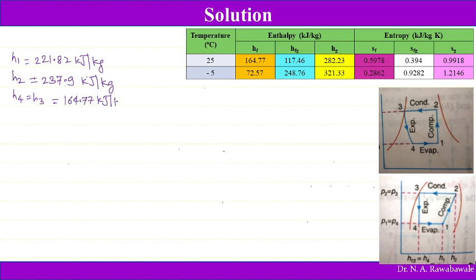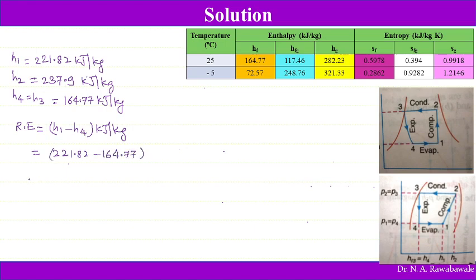Now refrigerating effect is equal to H1 minus H4, in kilojoules per kg. H1 we know, 221.82, minus H4, which is nothing but 164.77.